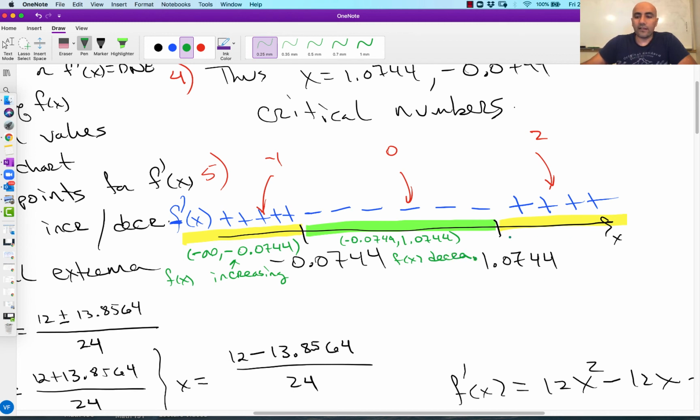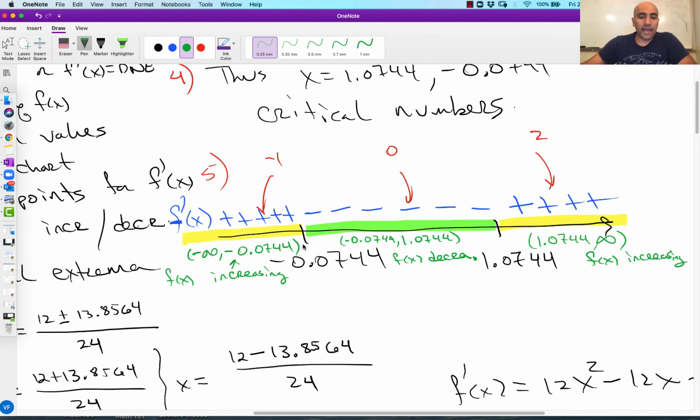Good. And finally, on this interval, from 1.0744 up through positive infinity, the underlying function f of x is increasing, right? Because the first derivative was positive in that zone.